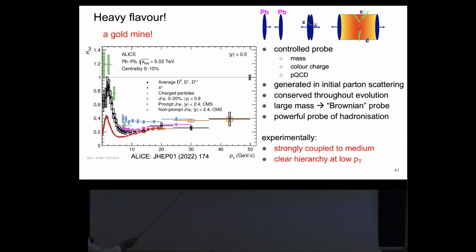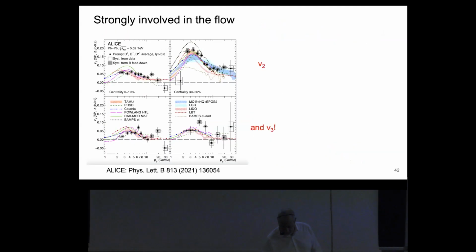And because of the mass, the heavy flavor quark acts essentially as a Brownian probe of the medium itself. So you can imagine that you have your medium and you put a large object inside, and you try to get it thermalized and extract the properties of the system from that.